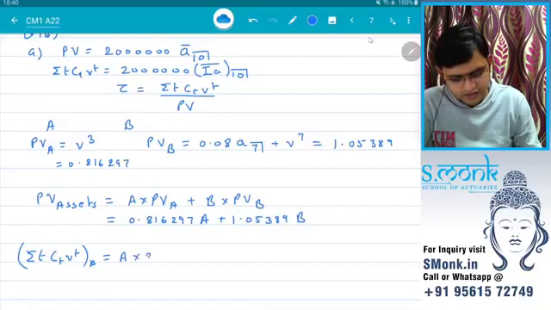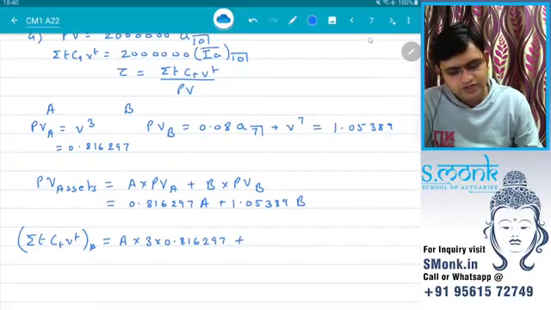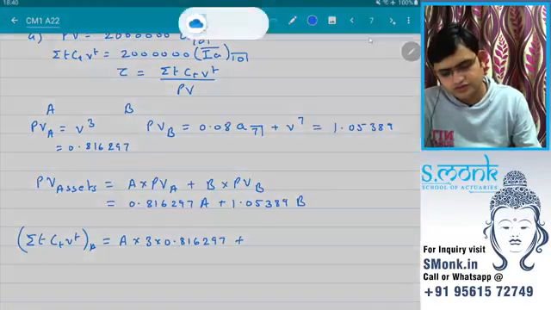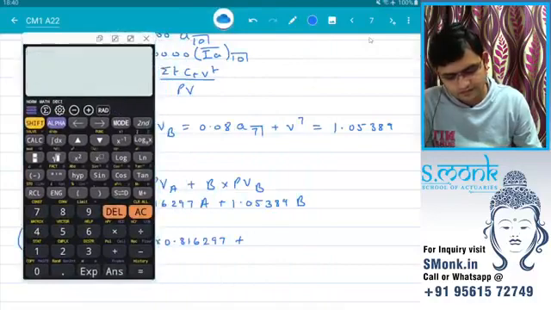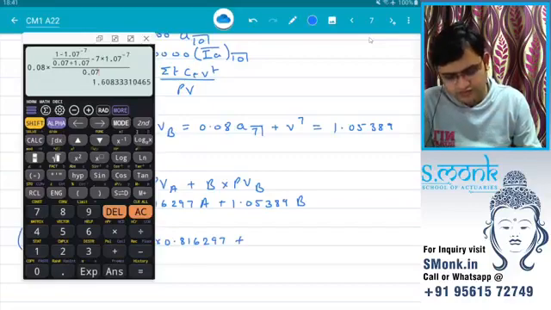So I will have A into 3 into 0.816297 plus here I will get 0.08 into (Ia) 8 due minus 7 into 1.07 minus 7 on 7 plus 7.